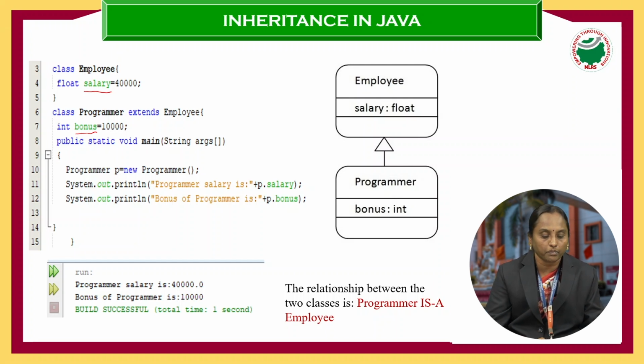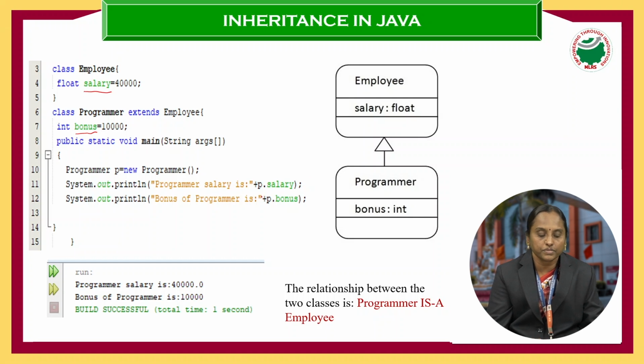Now we can write the main method. Whenever we are using the inheritance concept, we have to create an object for the last subclass only. By using that subclass object, we can access the properties of the superclass. Now here we can access the salary property from the Employee class by using an object of the Programmer class. So here we display the value: System.out.println of programmer salary is p.salary.